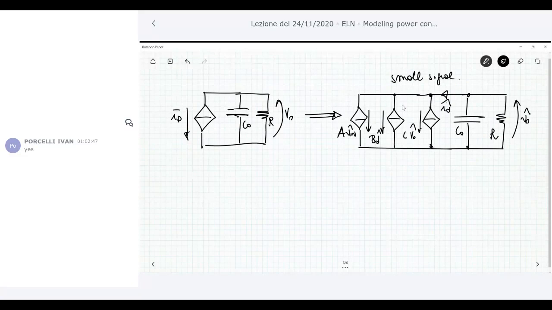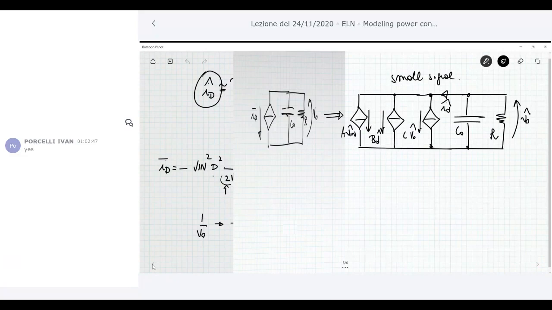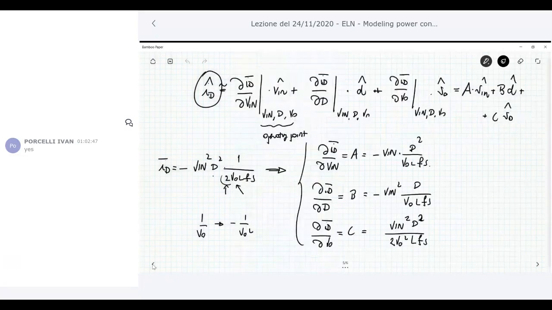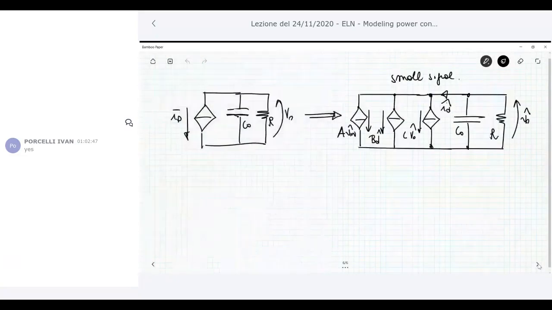So let me just do some derivation about this quantity. For example, we have 3 coefficients, A, B, and C. First of all, my goal is to derive one of the most important transfer functions, V naught over duty cycle, the small signal ratio, which is our control to output transfer function.